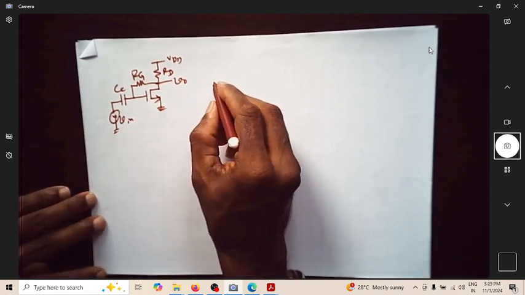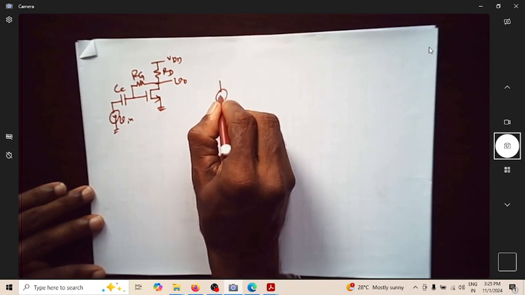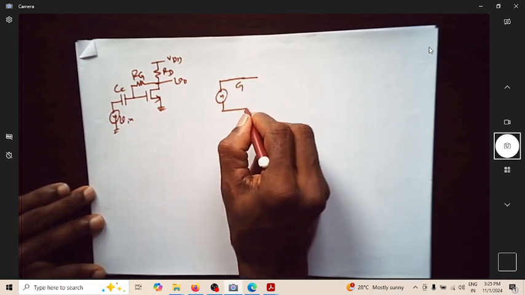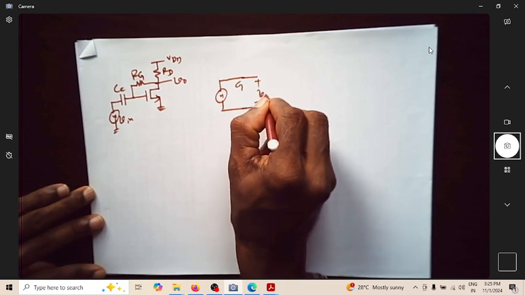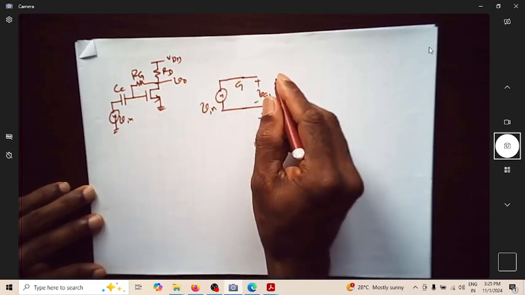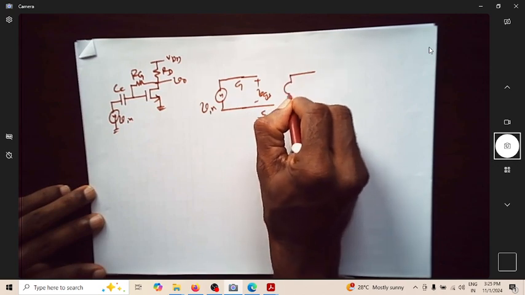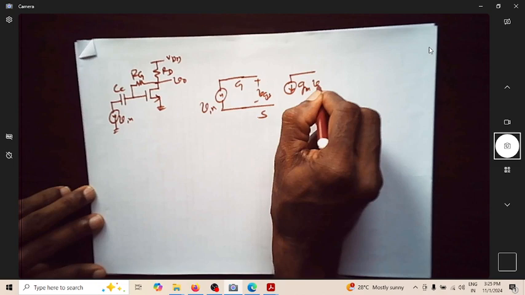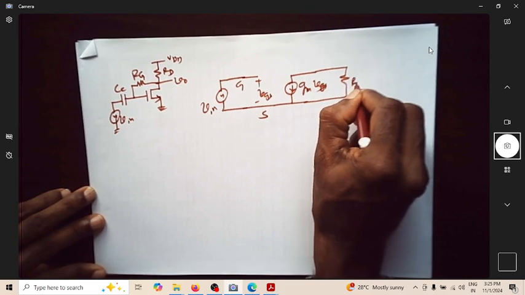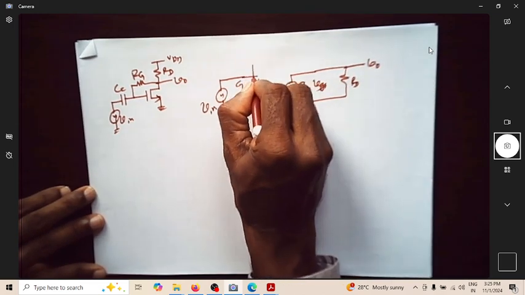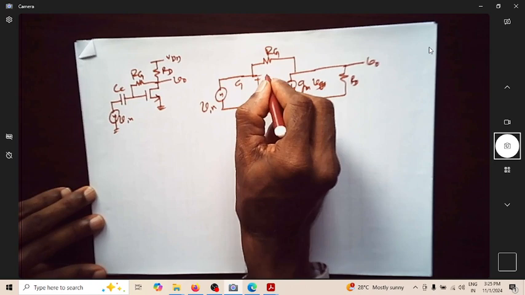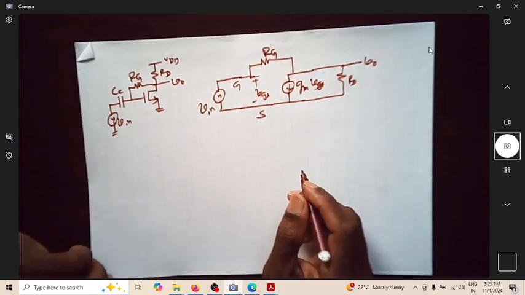So now how will the circuit look? This is gate and this is source, this is plus minus VGS, this is Vin. You have an RG connected between drain and gate. This is gm VGS, there is an RD connected here, this is V0, and this is RG, correct? This is gate.